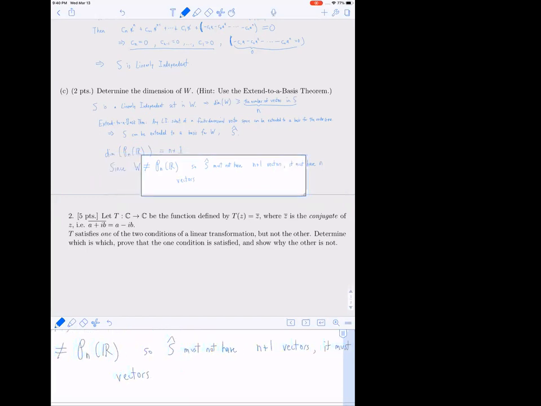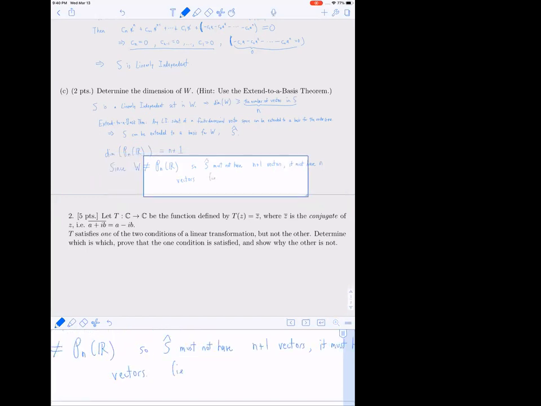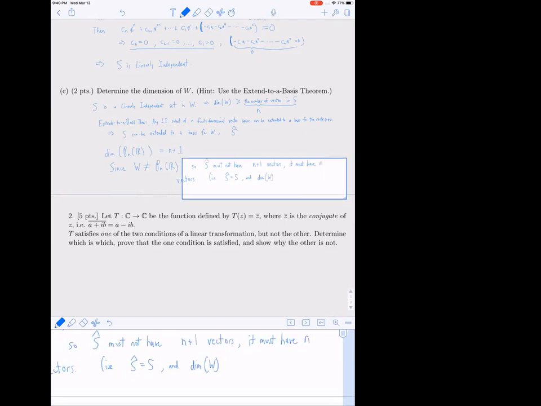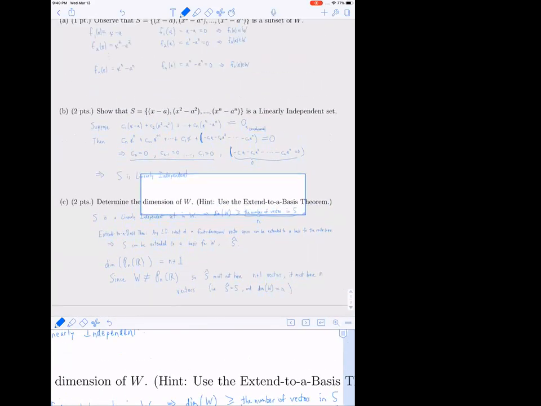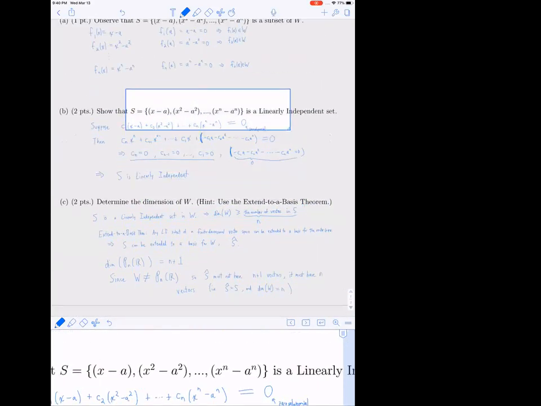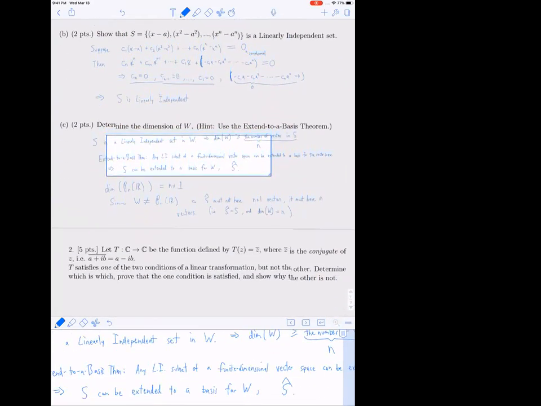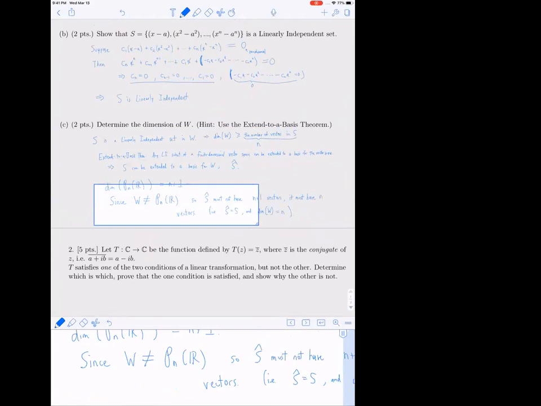Namely, S hat is equal to S, and the dimension of W is equal to n, because S forms a basis for W. There can't be any more vectors in a basis for W, or else you'd have a basis for the entire vector space Pn of R. So the set S must actually be a basis for W.